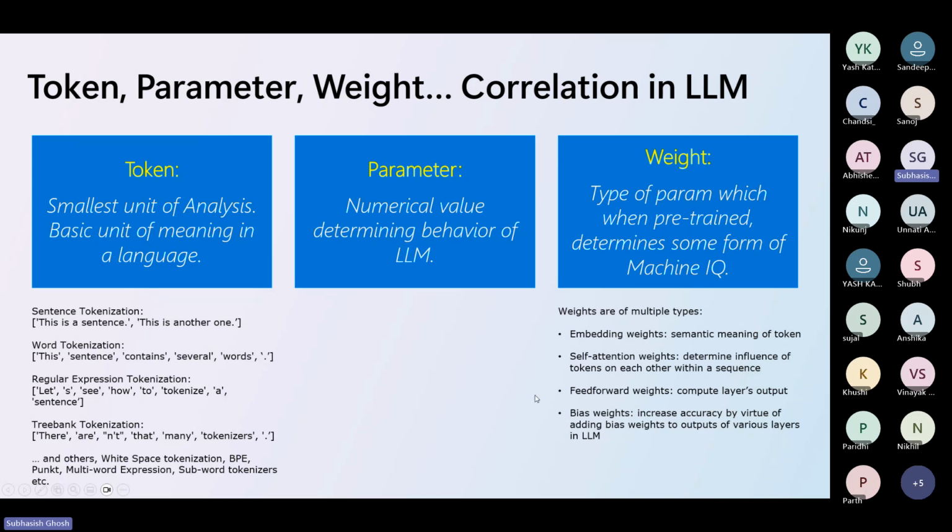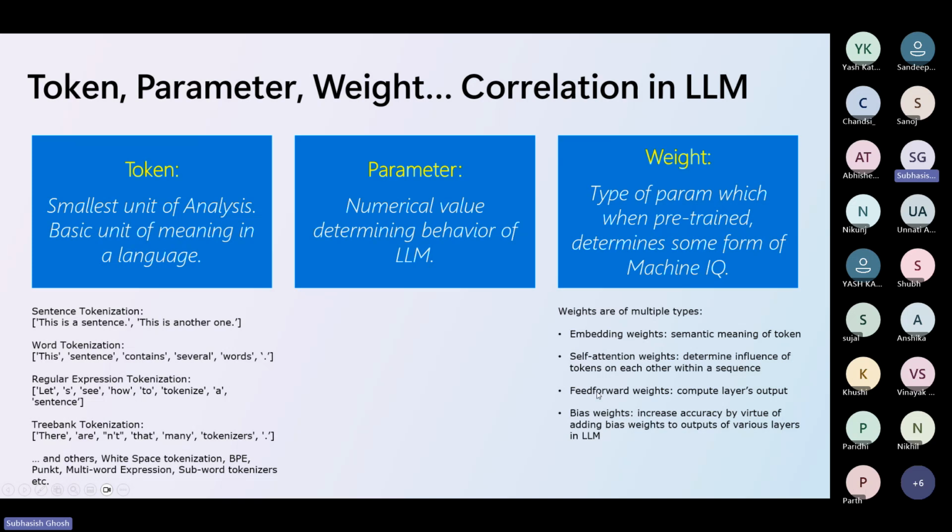Now, weights are of different types. Again, the type depends on the model you're building. You've got embedding weights, which capture the semantic meaning of a token. If you want to determine the influence of tokens on each other within a sequence, you want self-attention weights. Where do they come from? These are the self-attention layer parameters. They are pre-trained, hence the weights. A feed-forward network, we spoke about in one of the slides, computes the layer's outputs.